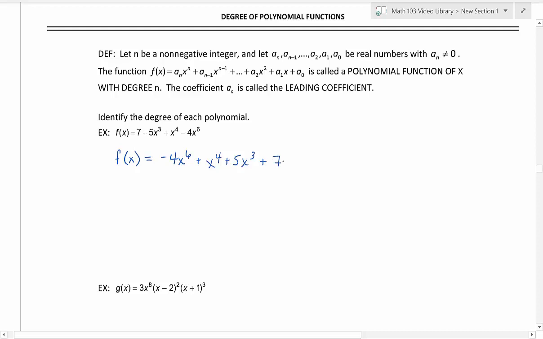And then we look for the highest exponent we see on any term. That highest exponent is 6. If you rewrite the polynomial in descending order, it will be the degree of the leading term. So the degree here is 6.